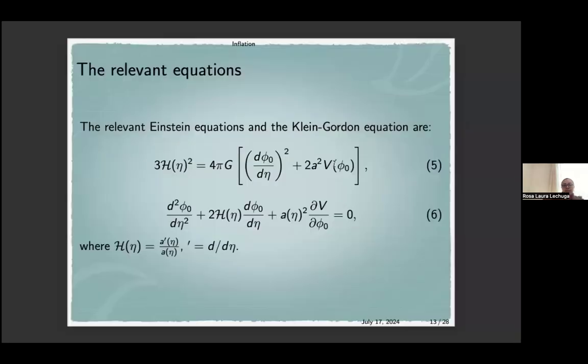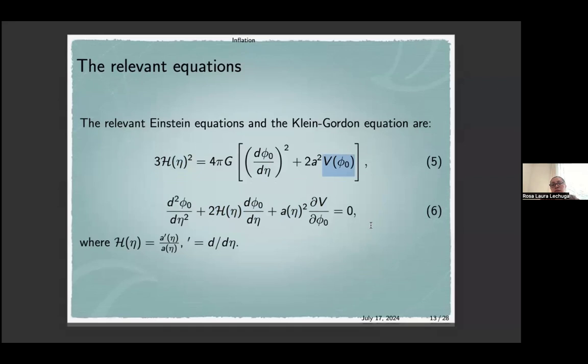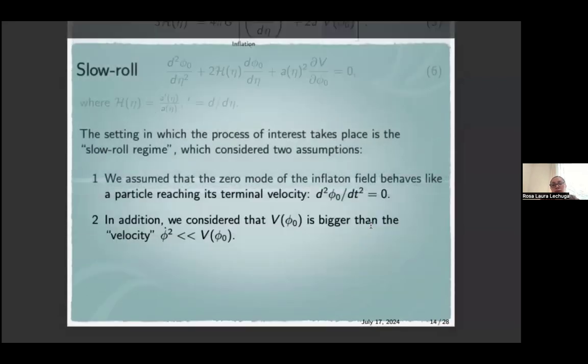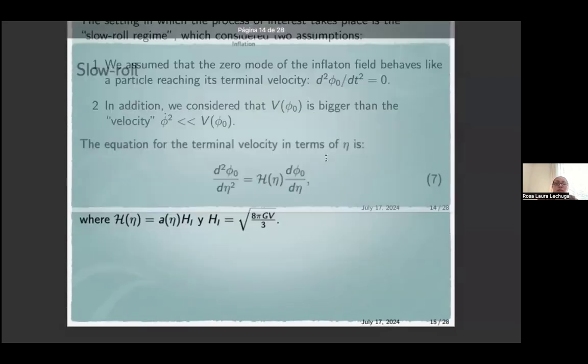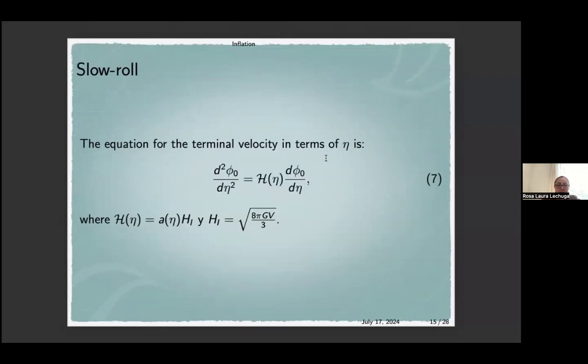In this equation, I put the terminal velocity. And now if I consider that this term is bigger compared with this, I can drop this term, and I only have a relation between this h and this v. So I obtain the following identities.